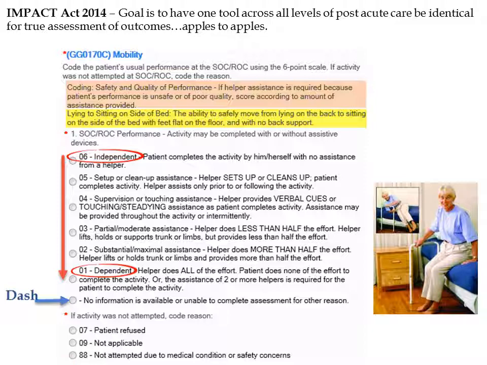So if you can't assess or determine using the 1 through 6, then you come down here and do 7, 9, and then 88 before you ever consider using the dash.